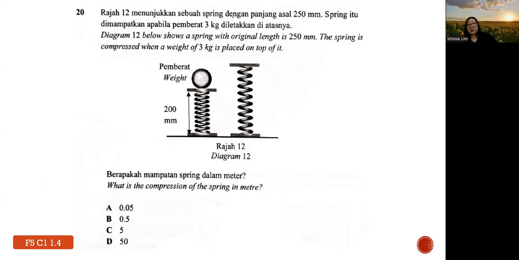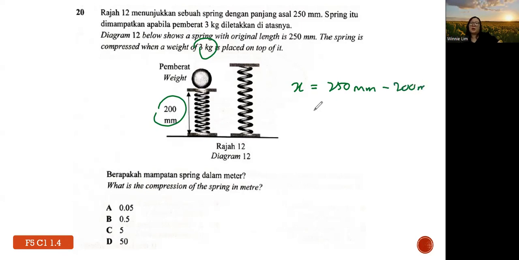So actually the question is a direct question. When the spring is subjected to a 3 kg mass, it has been compressed to become 200 mm, right? So the compression or extension, they're using the same symbol, is actually 250 mm minus 200 mm.